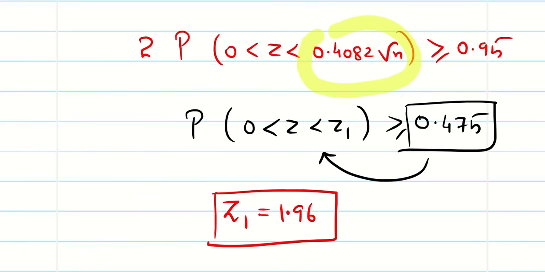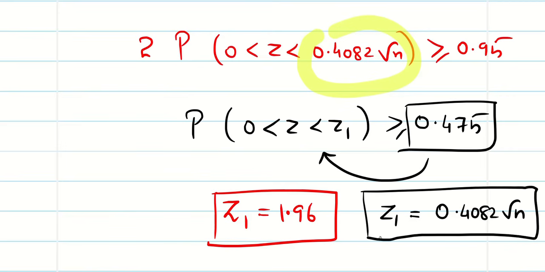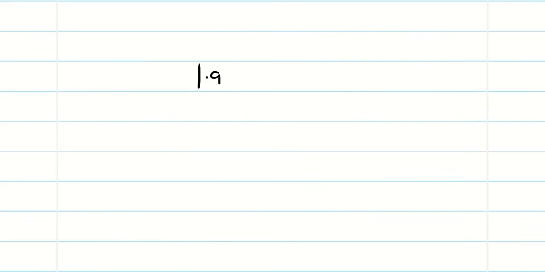Now according to our assumption, my z1 is 0.4082 root n. If we equate this, I can easily find my n value. So 1.96 is equal to 0.4082 root n.